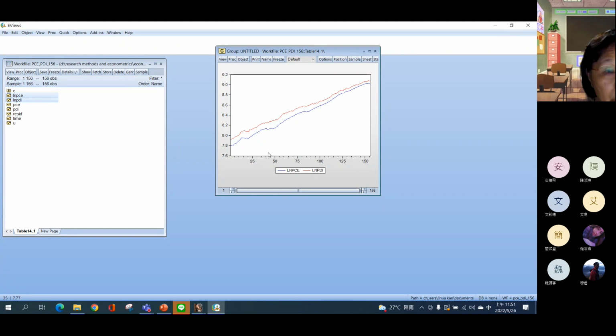We can try later whether, remember we just had this ln-ex, after we take the first difference of the ln-ex, it becomes stationary. So we may have the same story as our ln-pce or ln-pdi. We don't know, but we can check it later on.